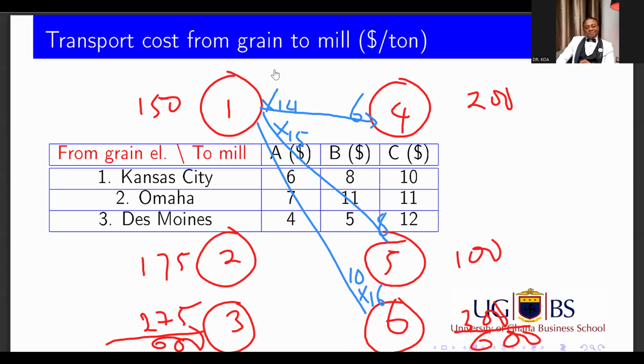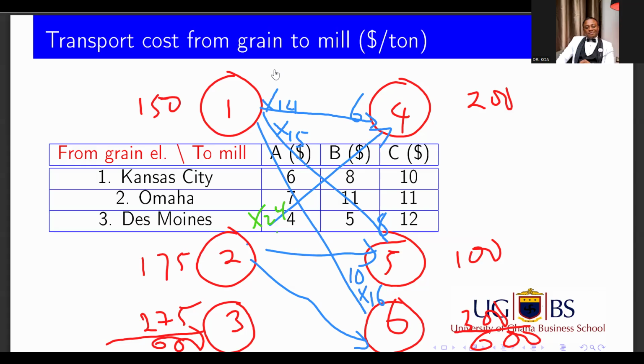So can you draw the next one? Yes, Doc. Good. So the next one will go from where to where? Doc, from 2 to 4, 2 to 5, and 2 to 6. So you see, as you keep adding, they become many, many, many. So how will you label them? X24. Doc, X24 for the first from 2 to 4.